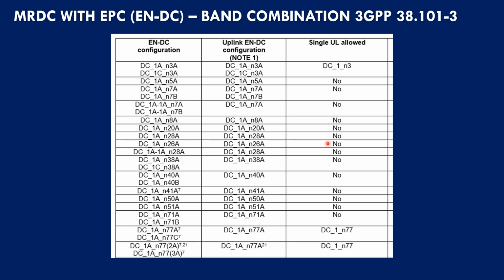In those cases, the UE is mandated to operate in dual uplink mode. And 3GPP mandates that via this attribute, single uplink allowed. Wherever single uplink allowed is mentioned as no, it is mandatory for the UE to support simultaneous uplink transfer for this band combination.